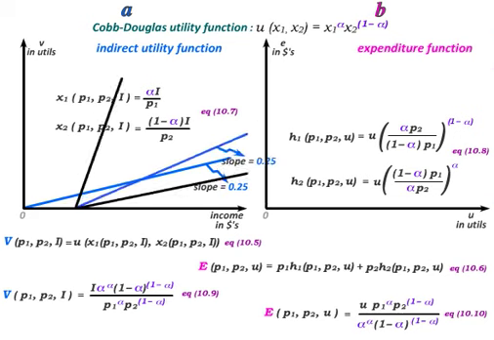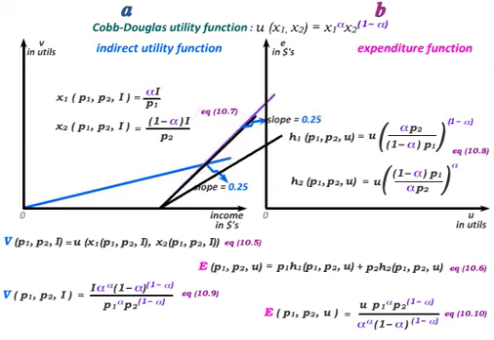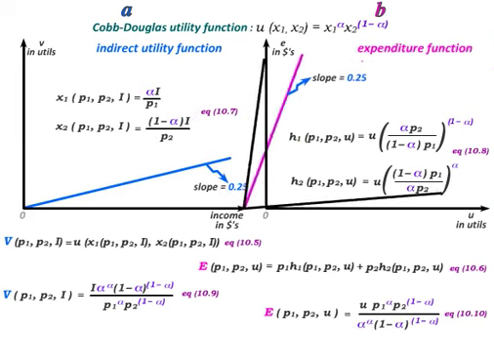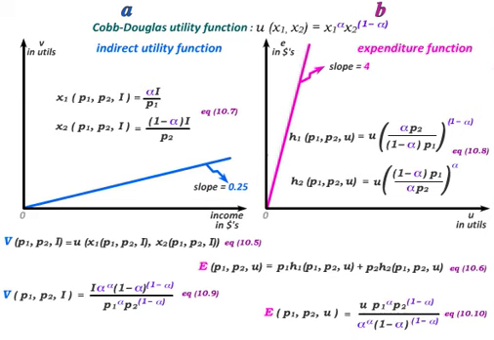The slice of the expenditure function graphed in panel B is then an inverse of the slice of the indirect utility function graphed in panel A. In other words, we simply invert the axes to get from panel A to panel B. In panel A we measure the horizontal axis in dollars. In panel B we measure the vertical axis in dollars.